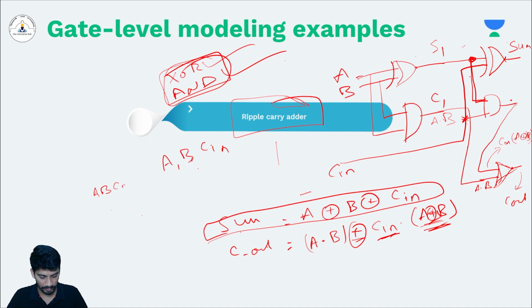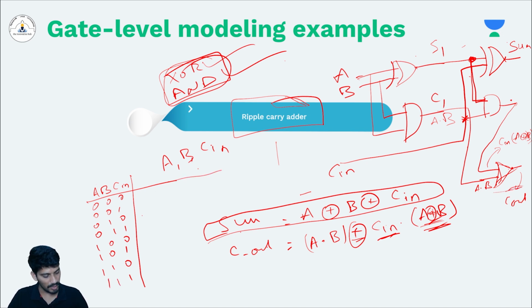A, B, Cn. Let's take A, B, Cn. So what are the different possible combinations? 0, 0, 0, 0, 0, 1, 0, 1, 0, 0, 1, 1, 1, 0, 0, 1, 0, 1, 1, 1, 0, and 1, 1, 1. In this case, the Cout is Cn into A XOR B plus A dot B. So let's write them.